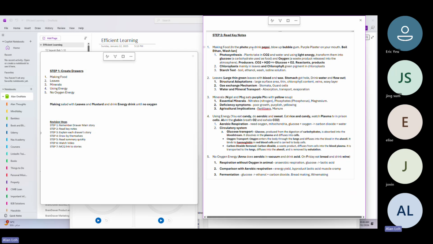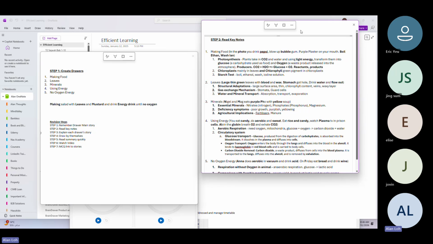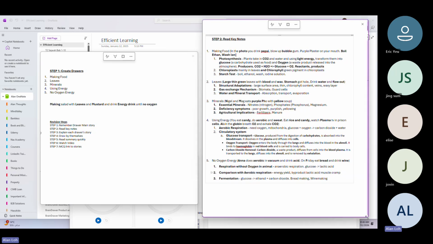In the photo, you drink Pepsi and you blow bubblegum. Using the bubblegum, you make a bubble. And then you have a purple plaster and you plaster it on your mouth.